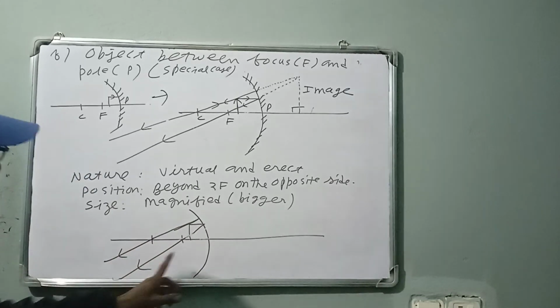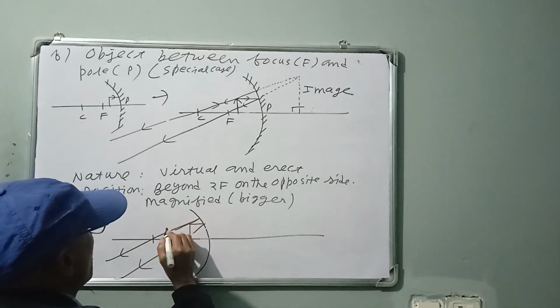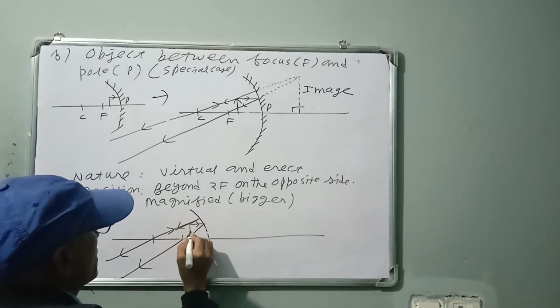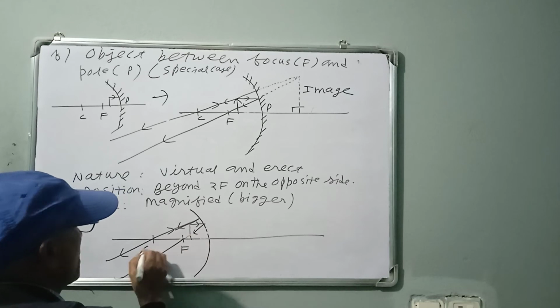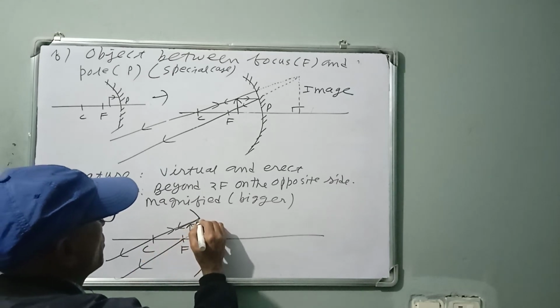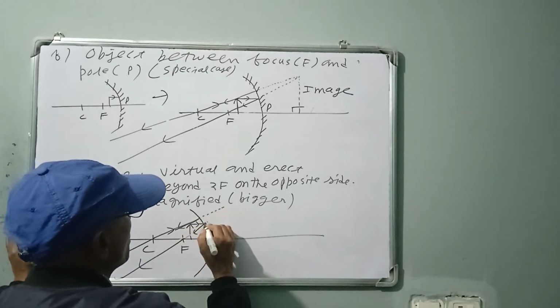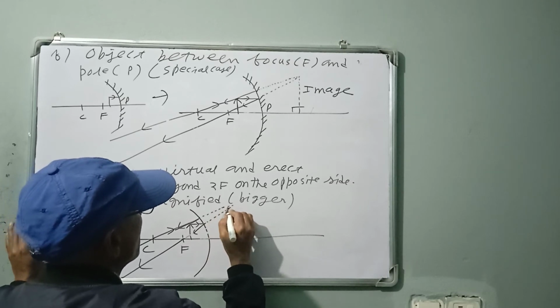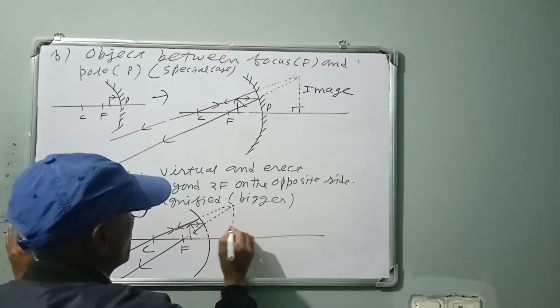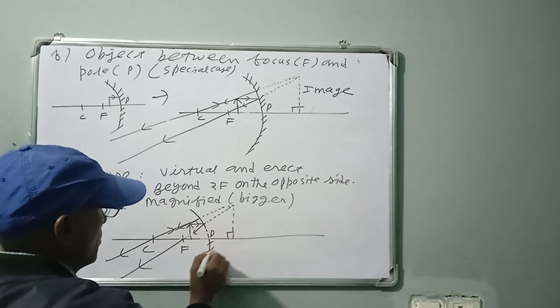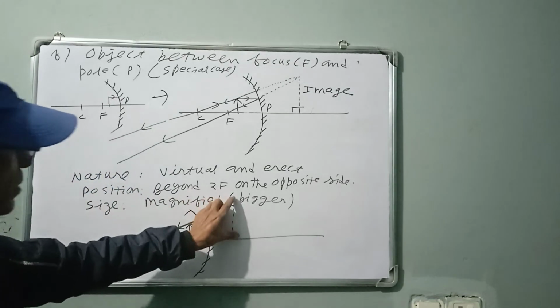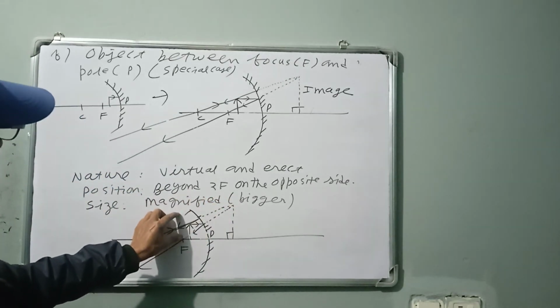These two rays don't meet each other. So what to do? Incident ray, reflected ray, focus, center, object. You have to push them back. This is the image. This is the object. This much for today.